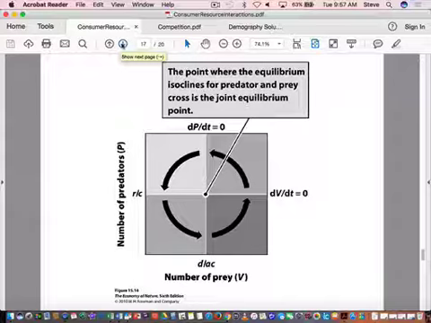Then you cross this final isocline. What do you get? Yep. So here, now you have relatively fewer numbers of predators, right? Because they've died for various reasons. What's happening to the prey numbers? They're increasing. And then you're still, think about here, you're below that prey isocline. What's happening to the predator numbers?